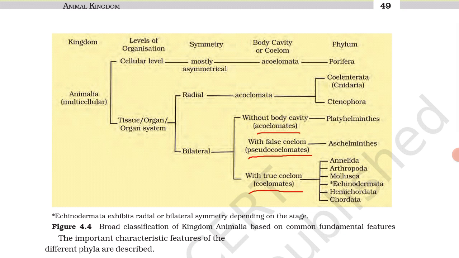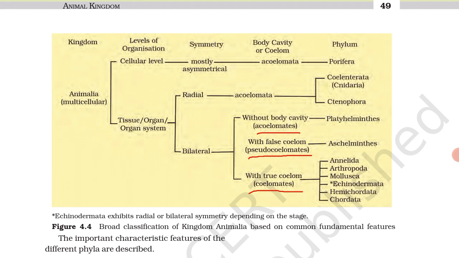From this animal kingdom, the most important table is given here. You have to learn this table by heart. If you learn all these things, it will be easier to understand and to remember all the examples.